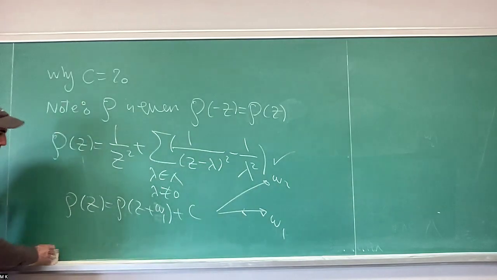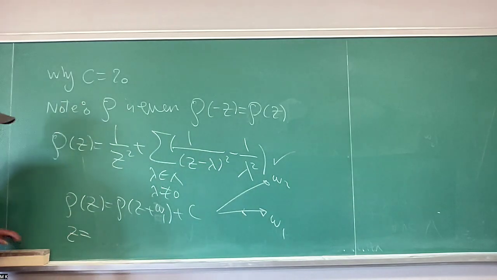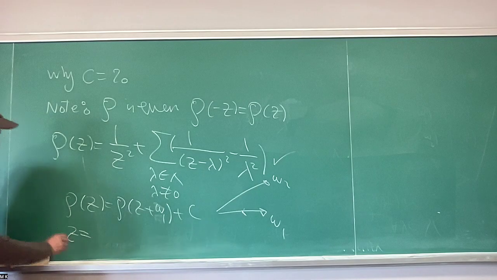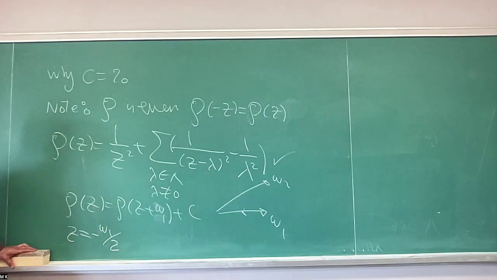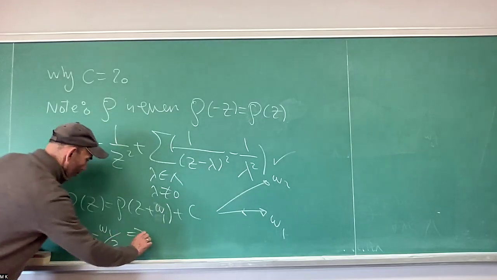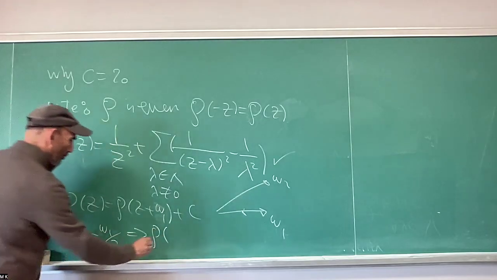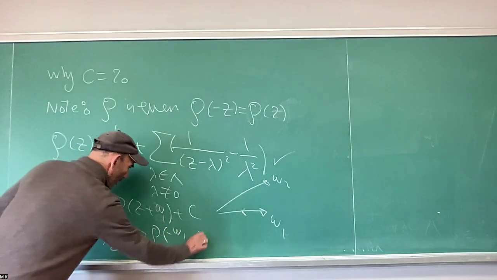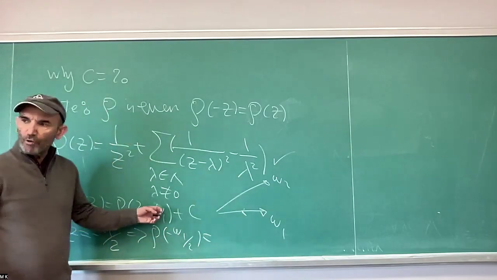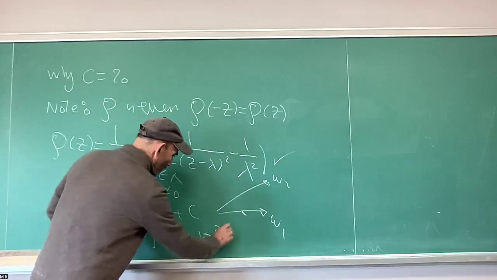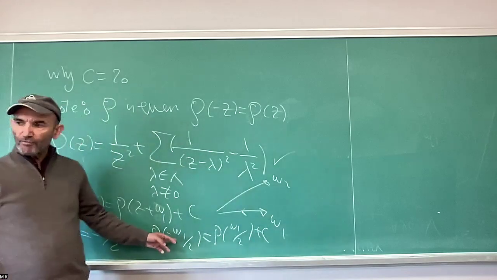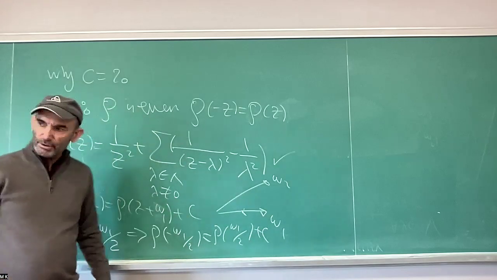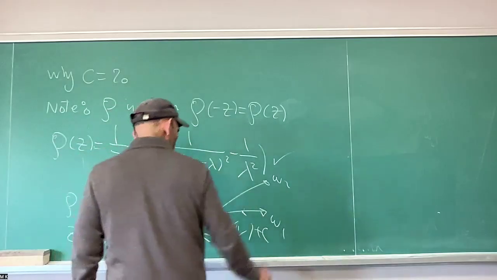If I choose Z to be negative omega 1 over 2, then you conclude that P of negative omega 1 over 2 is equal to P of omega 1 over 2 plus C. But this is an even function, these two values are the same, so C is equal to 0.